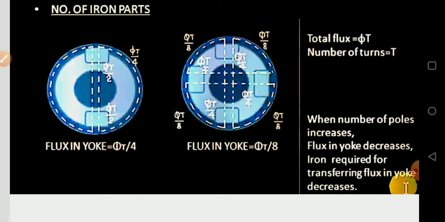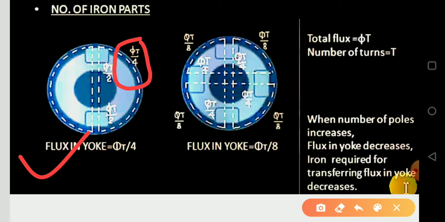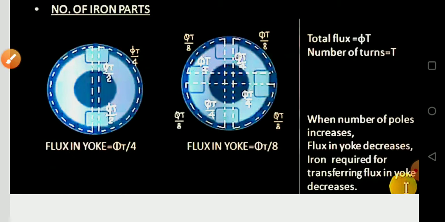We can see here, when we have two poles, the flux under the yoke is phi T by 4, and when we have four poles, the flux in the yoke is phi T by 8. So we can say that when the number of poles increases, the flux in the yoke decreases. So the iron required for carrying the flux in the yoke decreases.